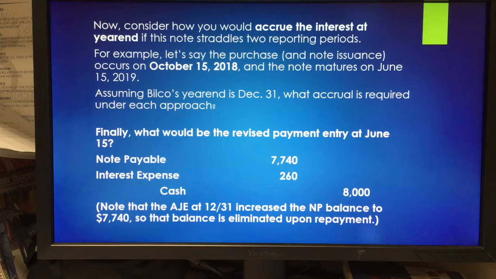We credit cash for the $8,000 that we're paying, and we debit interest expense for the interest basically that is attributable to that period, January 1st to June 15, 2019. Notice that the adjusting entry at 12/31 increased the note payable balance to $7,740, and so that balance is eliminated upon repayment.